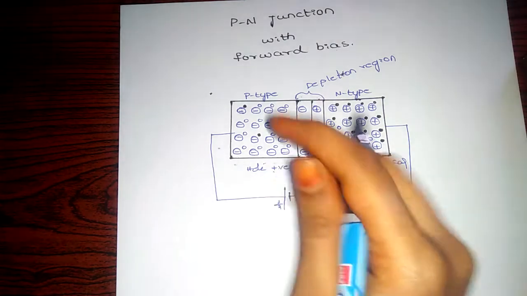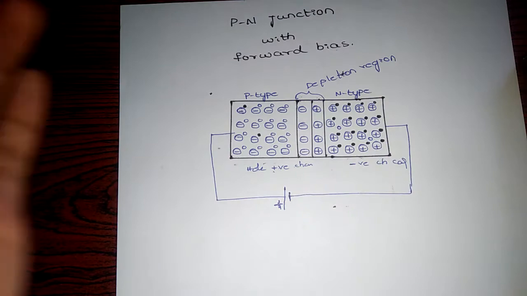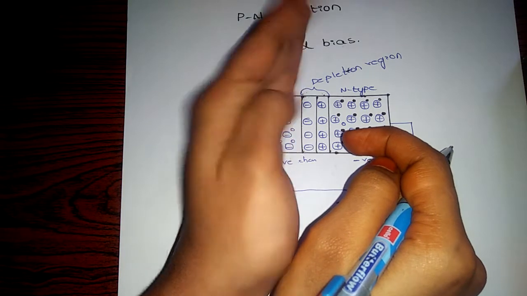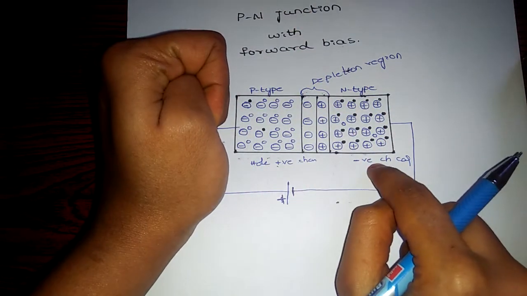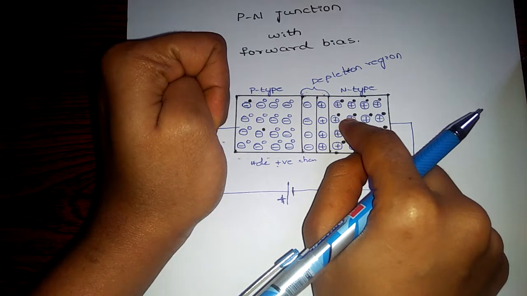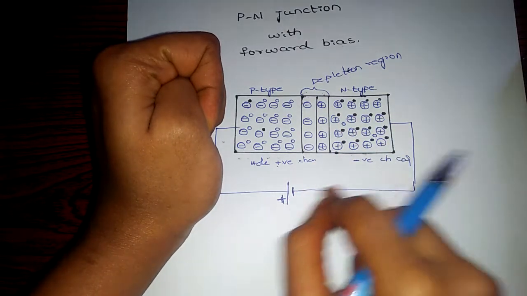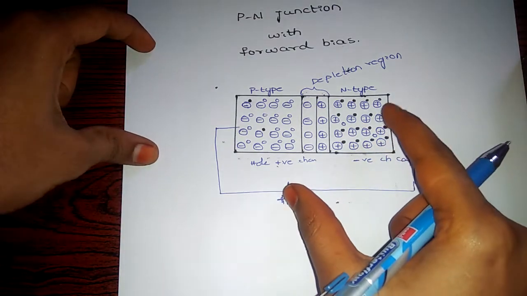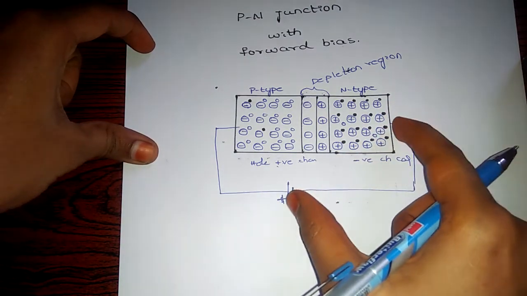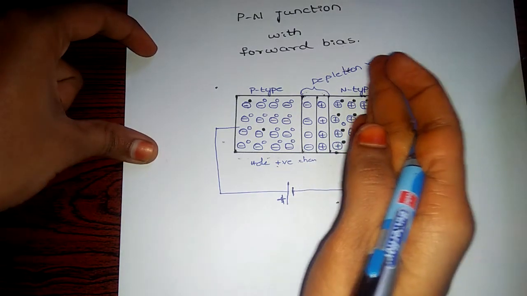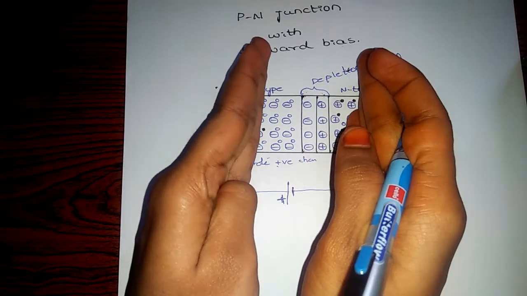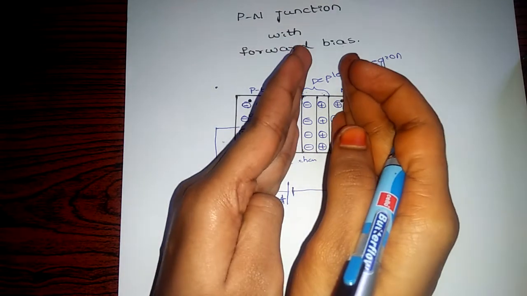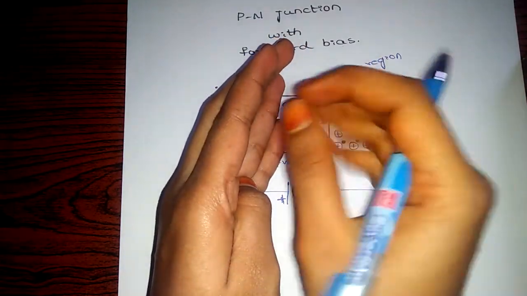They don't attract each other, they just repel. While repelling, these holes move towards the junction. Similarly, here negative charges are majority, so these negative charges repel with the negative terminal. The repulsive forces exist here too, so these electrons also move toward the junction. While these two are moving forward and are compelled very close, the depletion region is eliminated.